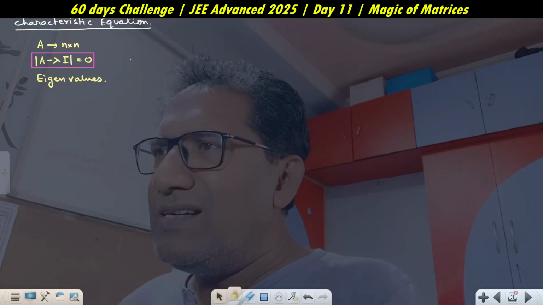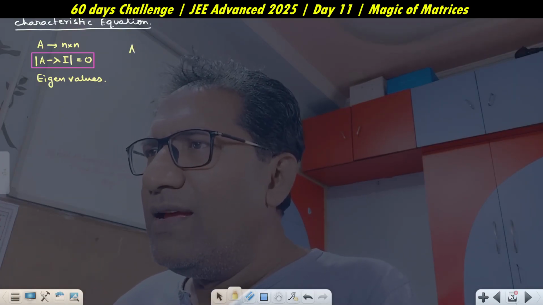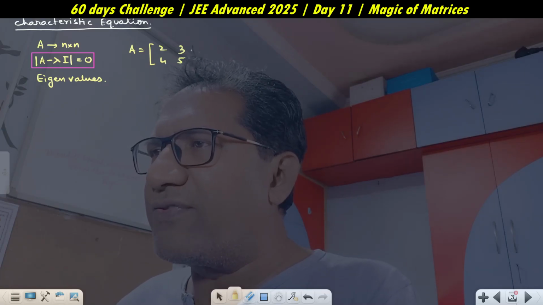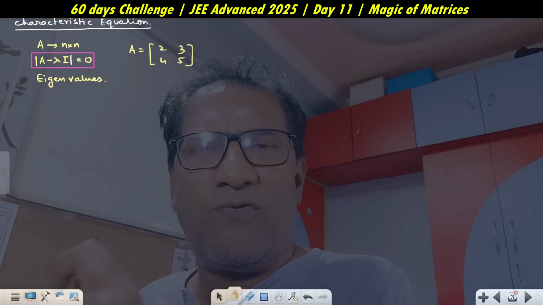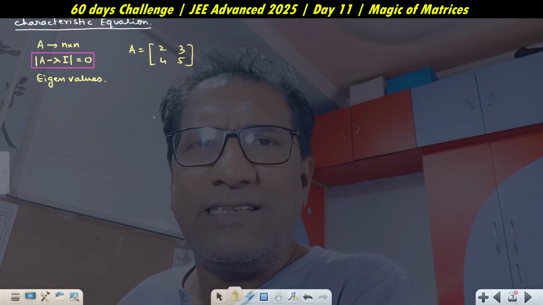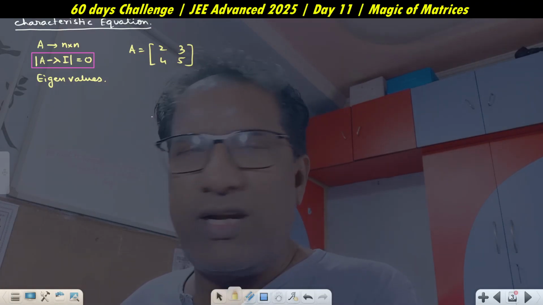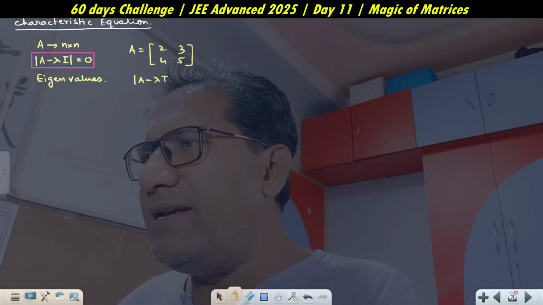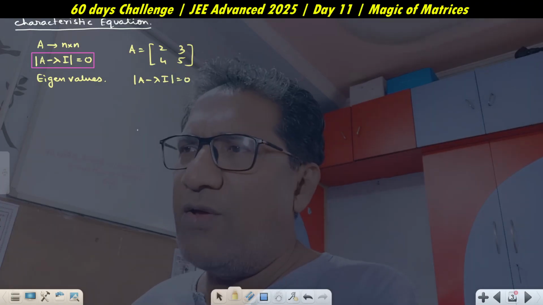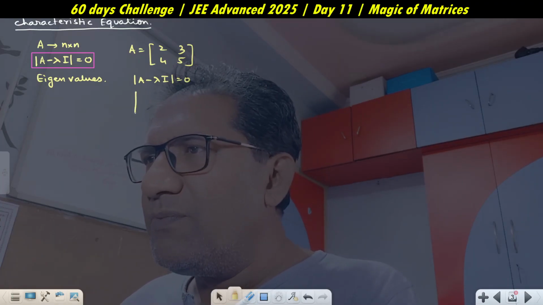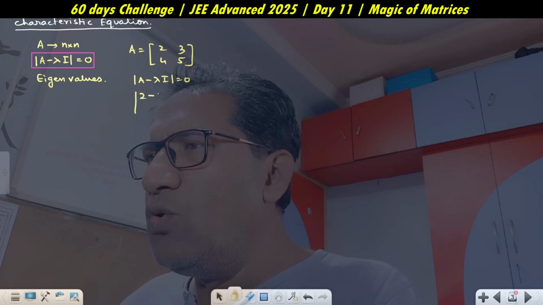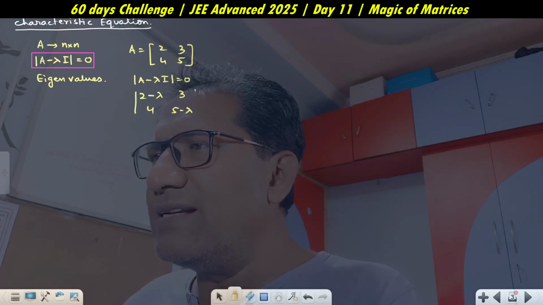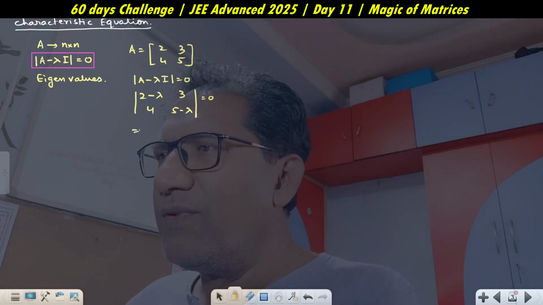Now, suppose for an example that A is a matrix given to us, let us say 2, 3, 4, 5. Now, if I ask you to find the characteristic equation of this matrix, what will you do? You will simply find the determinant of A minus lambda I, which equals 0. That gives us the determinant of 2 minus lambda, 3, 4, 5 minus lambda, which equals 0.